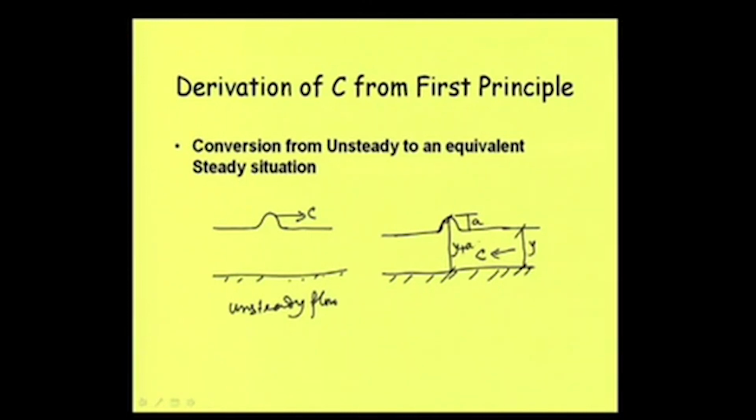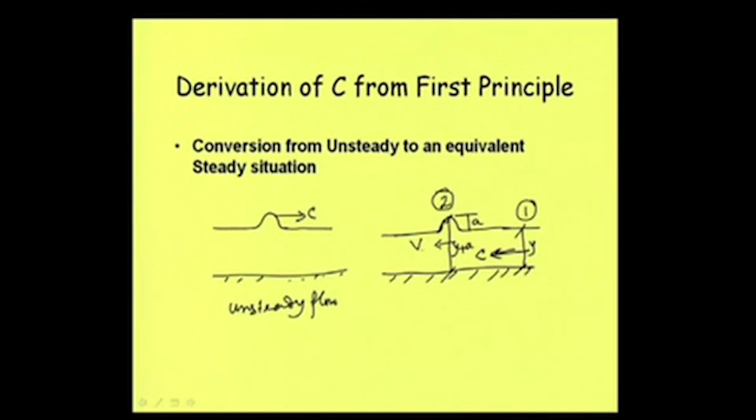When we talk about velocity, c is the velocity at this section, say section 1. And at section 2, say the velocity is v, because this velocity will not be equal to the velocity c, since the depth here is changing. So, let us write this velocity as v.